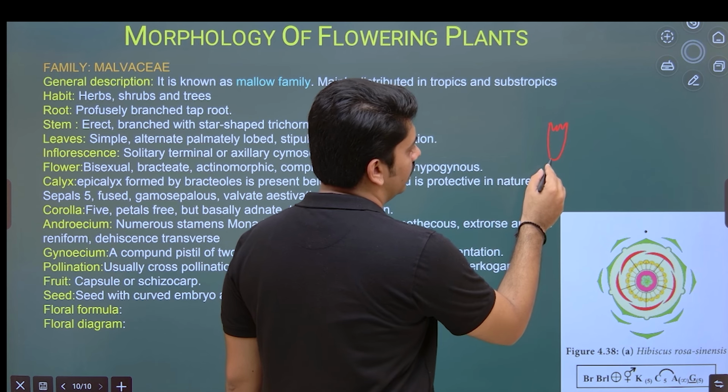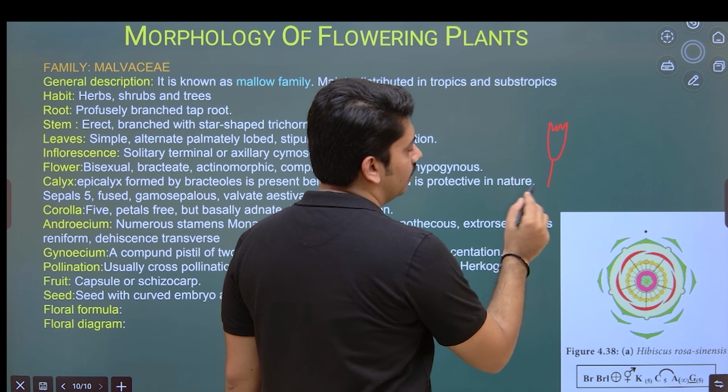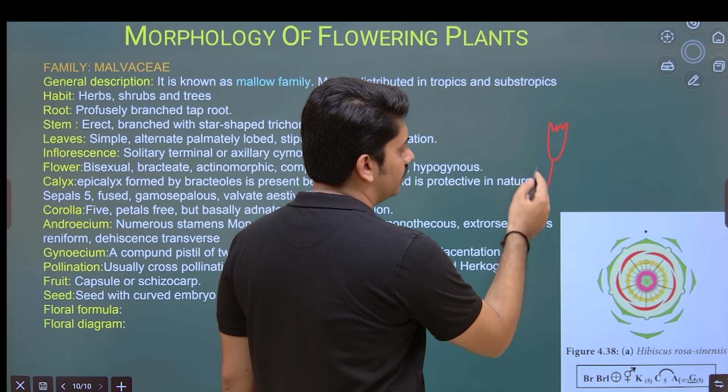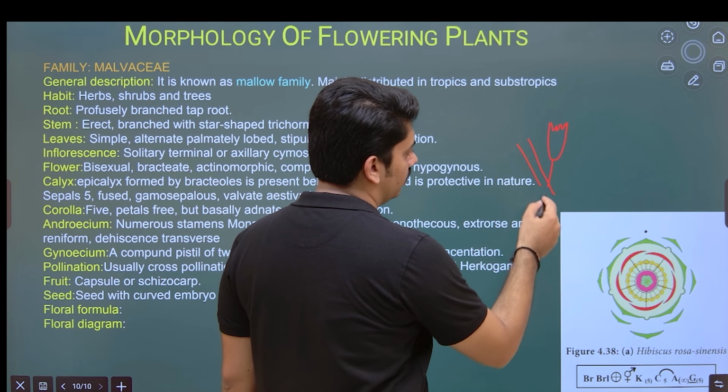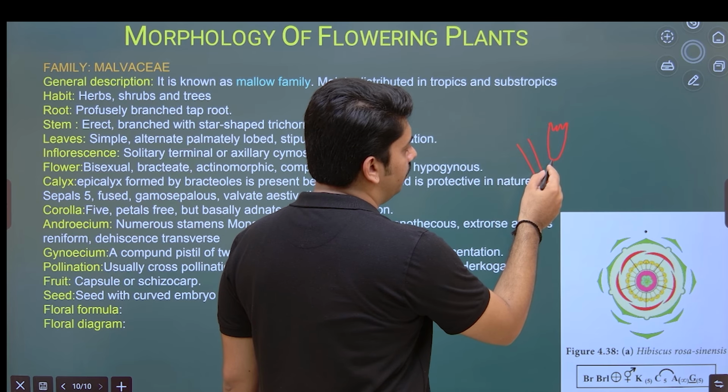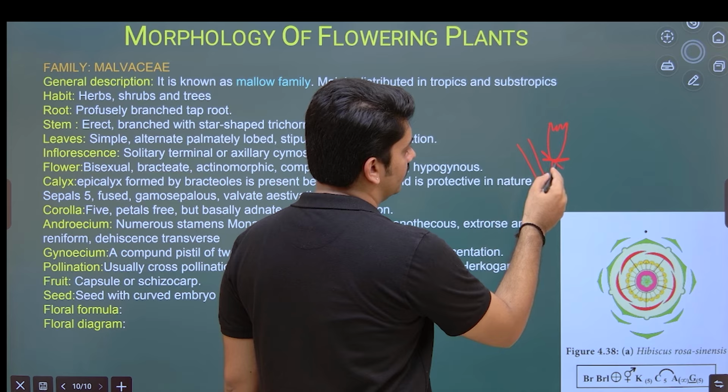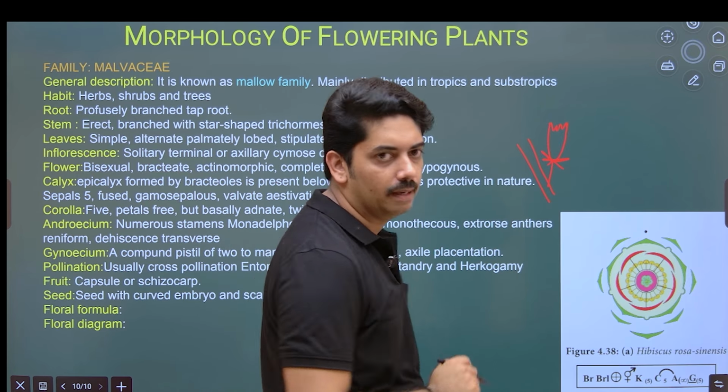Sepals are present. Here you can see the pedicel which is attached to the stem, and at the base of this calyx, here you can see the epicalyx like this. That is the epicalyx.